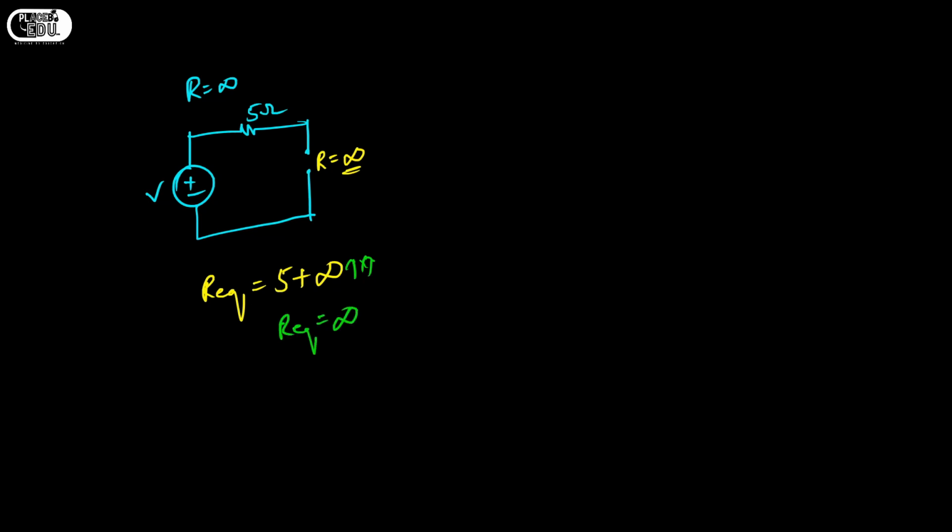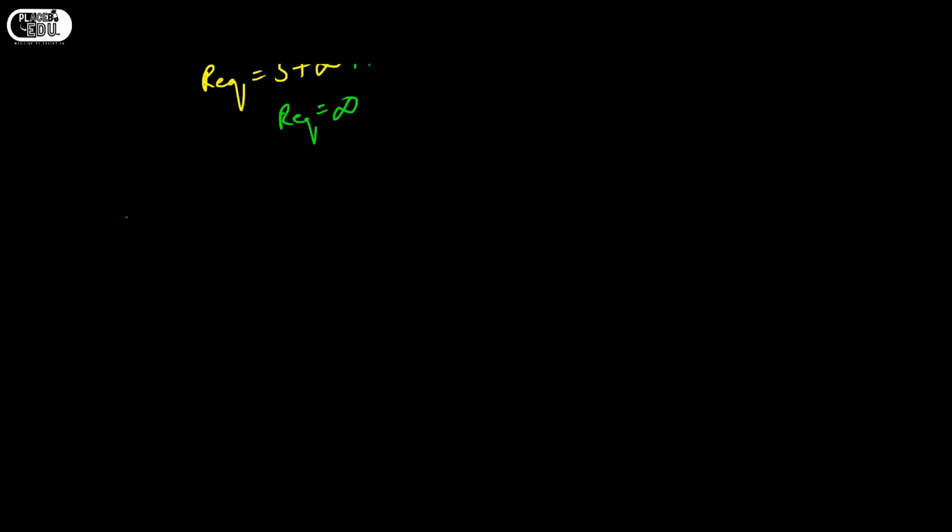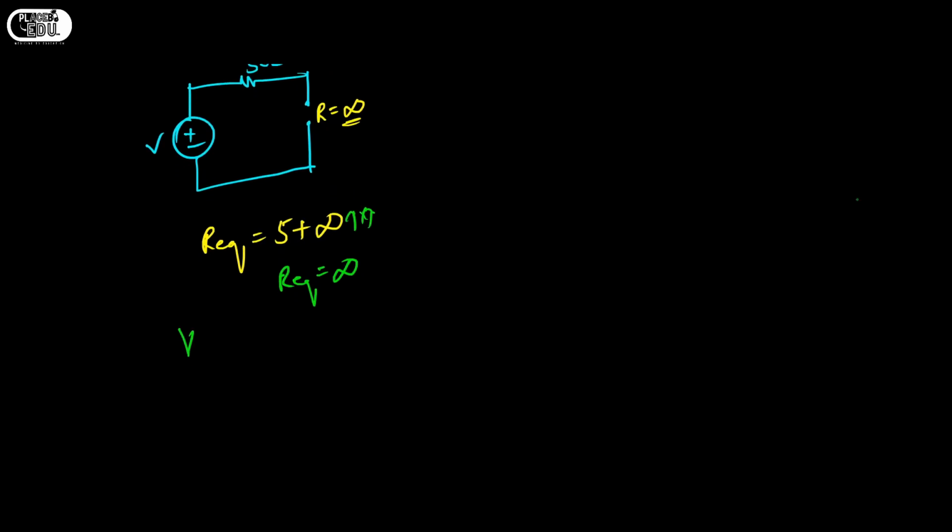Understand? So now what will be the voltage? I have given the voltage V already. This V I am writing here. Now from Ohm's law, the current I equals V by R, which equals V by infinity, which is 0 amperes.